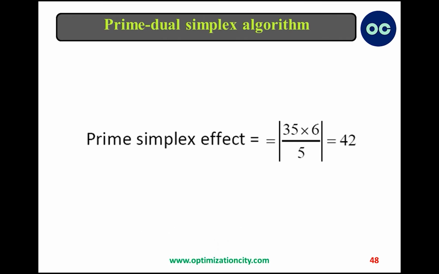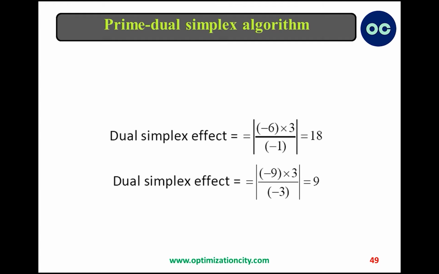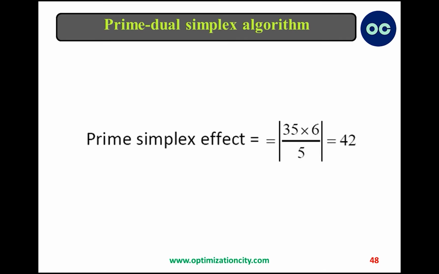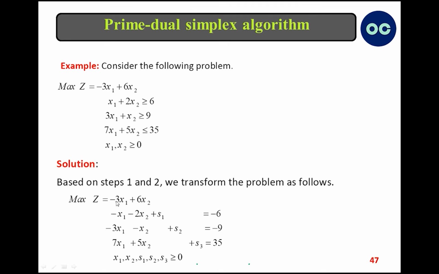We also calculate the dual simplex method effect, using the non-negative coefficient of x1 in row 0. This is a positive value. We are using this positive value for the dual simplex effect.